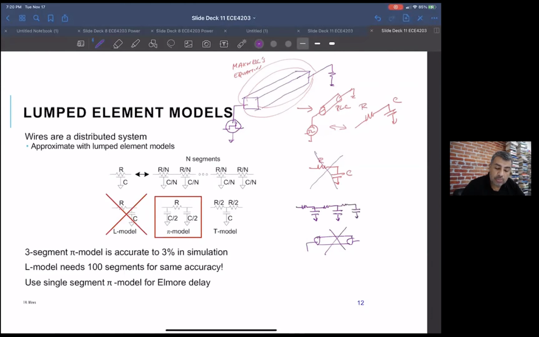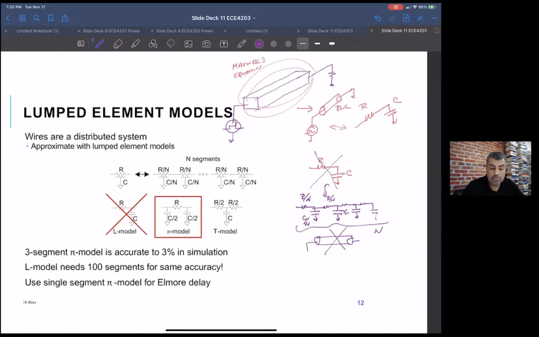So from a modeling point of view, instead of this, each segment has resistance R over N and capacitance C over N, and then you have N segments, say. The finer the detail you want, the more segments you put in.